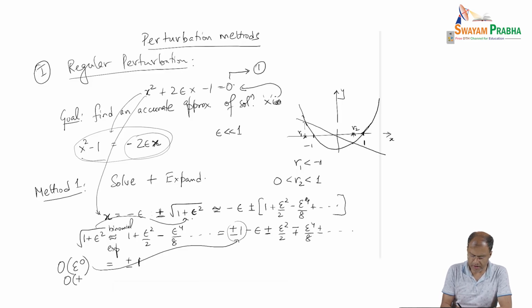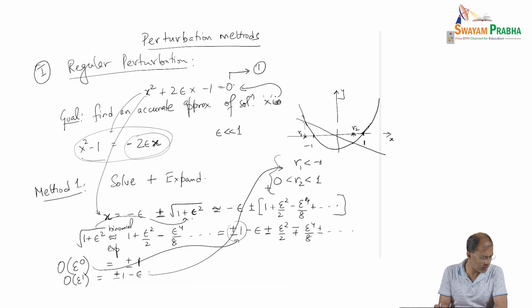And then if we have epsilon to the power 1, the order epsilon solution will be plus minus 1 minus epsilon, and we see that, as expected, one of the roots is less than minus 1 and the other root is less than 1. So epsilon to the power 0 and epsilon to the power 1.